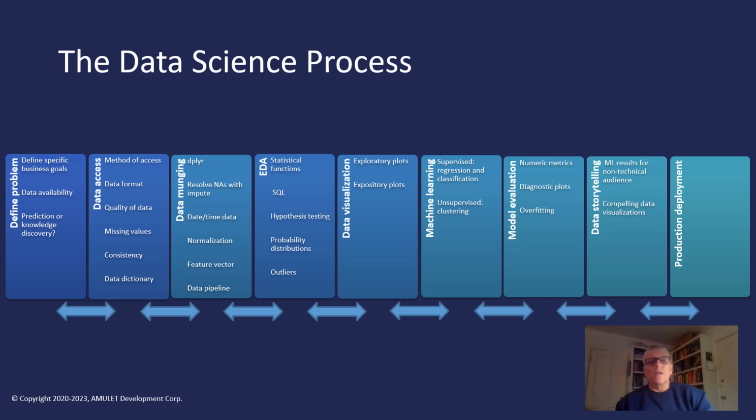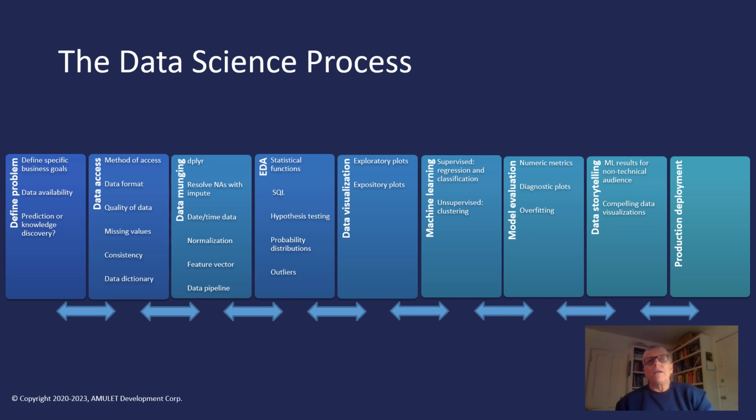So let's start at the leftmost box, which is titled Define the Problem. Now, this is arguably maybe the most important stage of the process, because it's so important for us to define the project as a whole, specifically defining specific business goals.